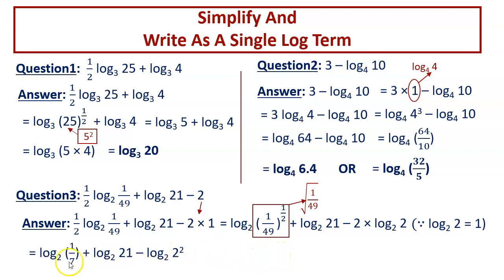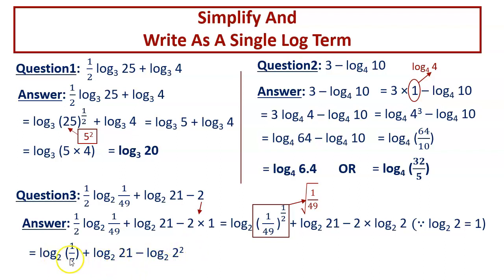And we have log of 1 over 7 to the base 2 plus log of 21 to the base 2 minus log of, this time this 2 is in the coefficient place, which is getting transferred to the power position of the argument. So we have minus log of 2 squared to the base 2.